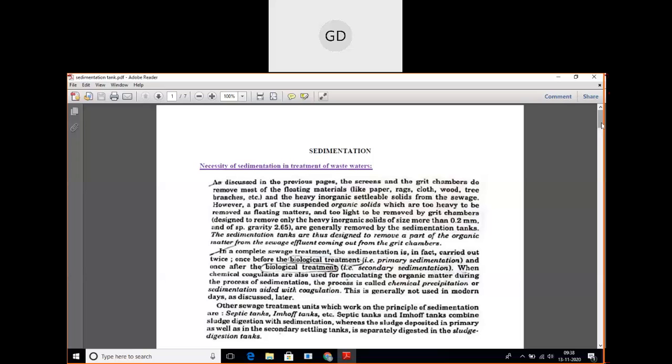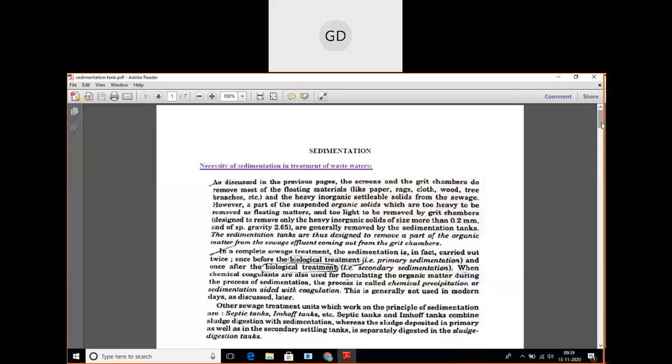You have already discussed sedimentation in your raw water engineering, right? We have already discussed it there, and the function of the sedimentation process is similar to your water treatment plant. Everything is the same.